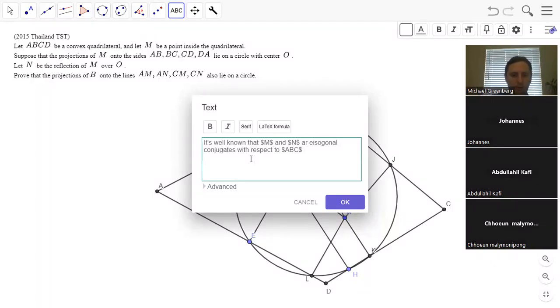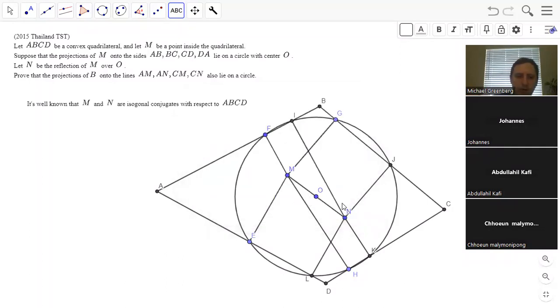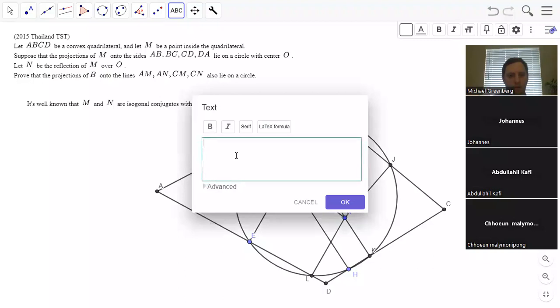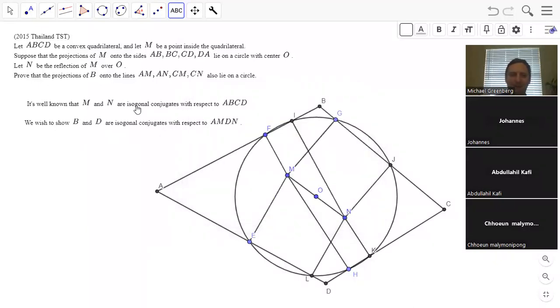And we want to show that B and D are isogonal conjugates with respect to AMCN. Yeah, so it's like an isogonal conjugate something, I don't know. It's interesting.